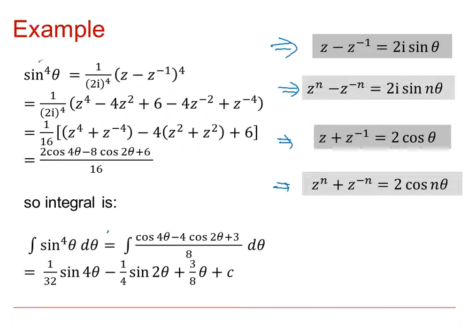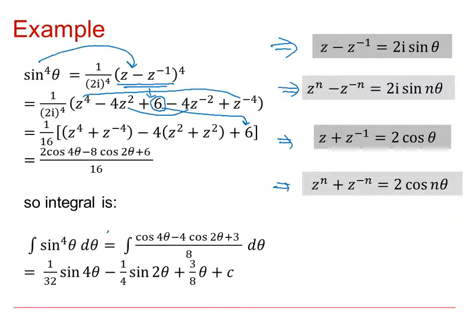So you write sine theta in terms of its definition, and then you can do a full binomial expansion. Once you've done your binomial expansion, you pair up the z to the 4 with the z to the minus 4, the z squared with the z to the minus 2, and if there's an odd term, it should be a number in the middle, which can just sit at the end of the problem.